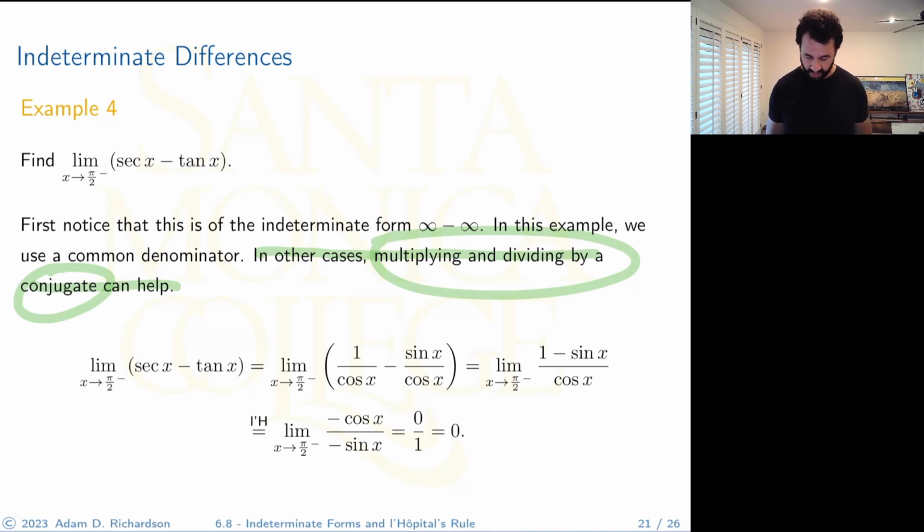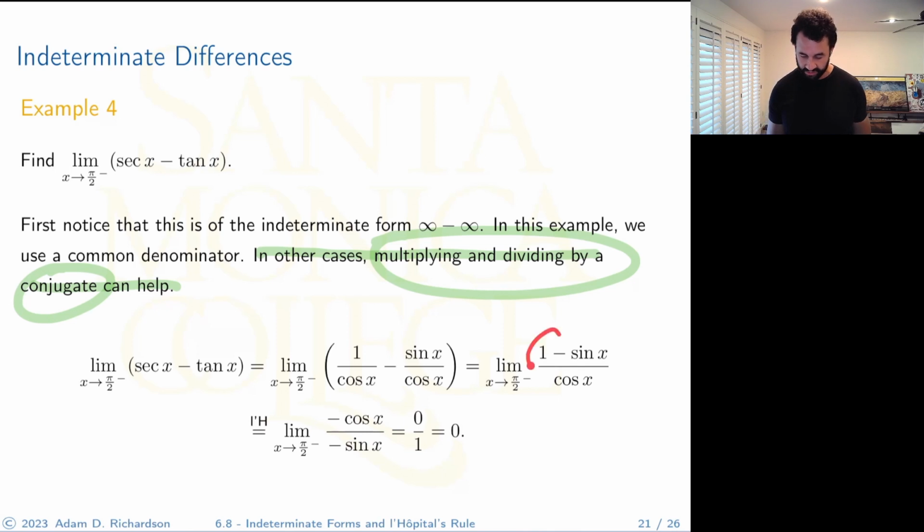So here, when we rewrite secant and tangent like so, we can combine those two fractions into one fraction. Now we have an indeterminate form, right? Sine of pi over 2 is 1, cosine of pi over 2 is 0, so we get the indeterminate form 0 over 0. Since we have one of those indeterminate forms, the numerator and the denominator are differentiable, and the denominator is not 0 near pi over 2, we can use L'Hopital.